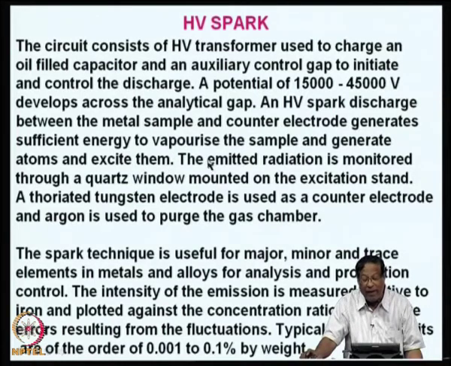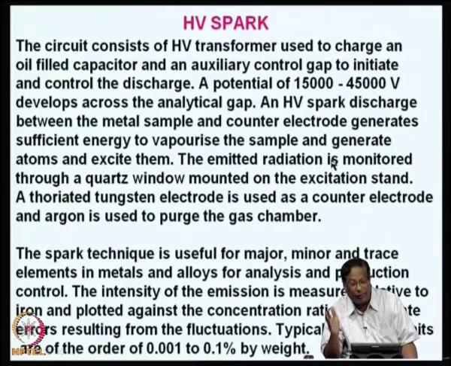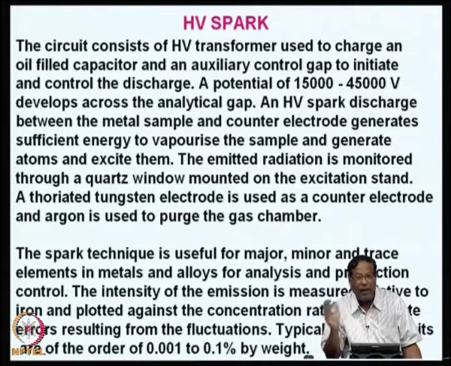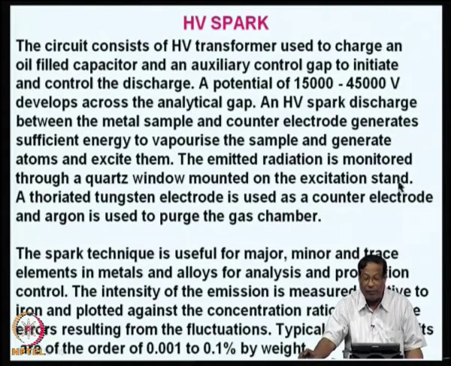The emitted radiation is monitored through a quartz window mounted on an excitation stand. This is a very simple, straightforward operation after the spark is generated. In front of the emitted radiation you put a quartz window, take out the radiation and collect it, subject it to separation of the wavelengths and monitor the reaction.